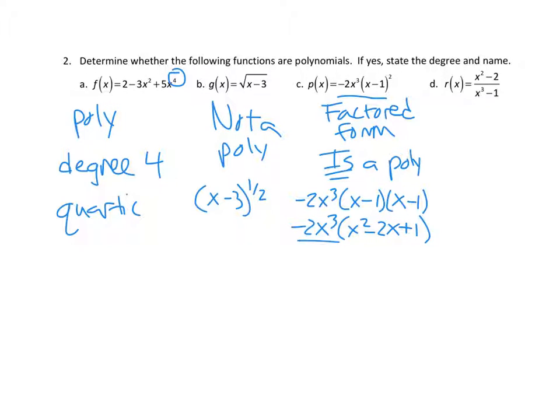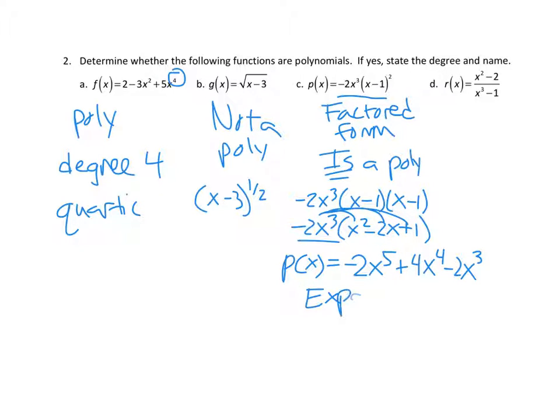And then I could distribute that first term to those 3 terms, and we end up with p of x equals negative 2x to the 5th plus 4x to the 4th minus 2x to the 3rd. And that is called expanded form.